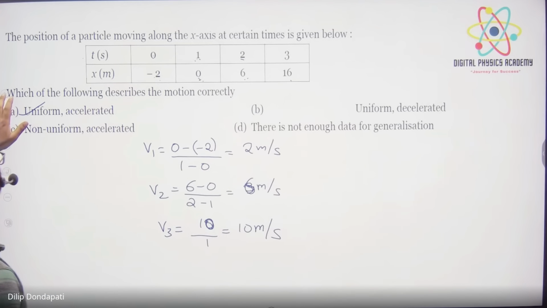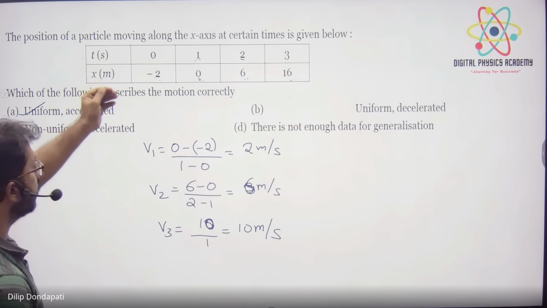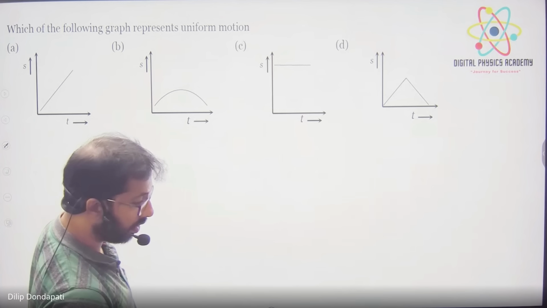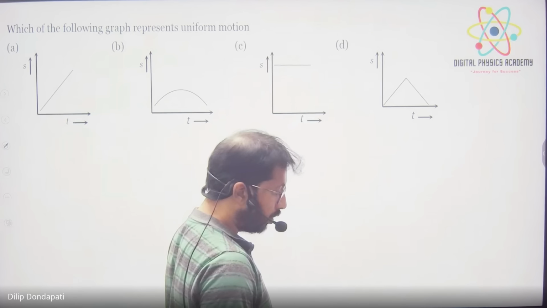You don't need to write the question, just write it down in short form. Next: which of the following represents uniform motion? He has given graphs. Check carefully what graph they gave: only the displacement time graph. He is asking which of the following is uniform motion. Yours, Samik?